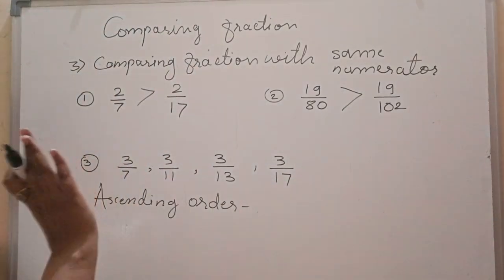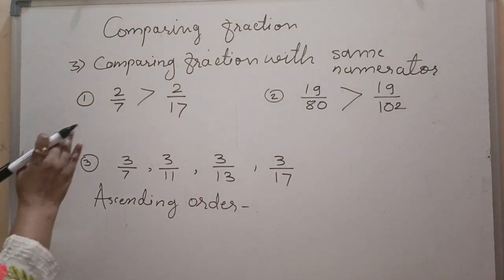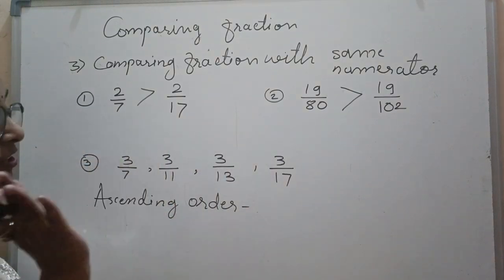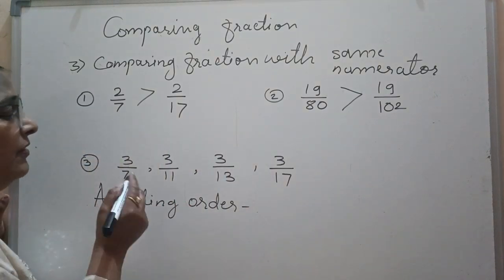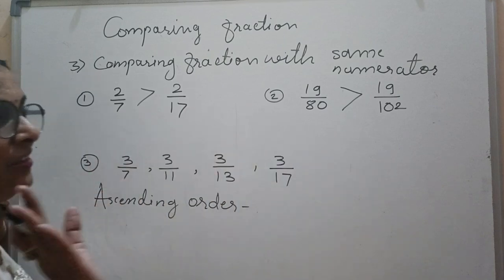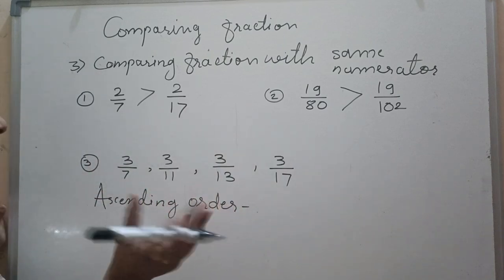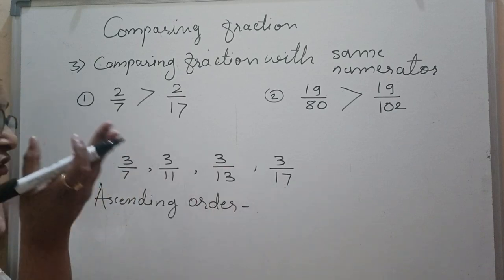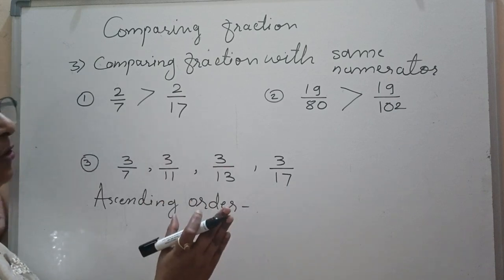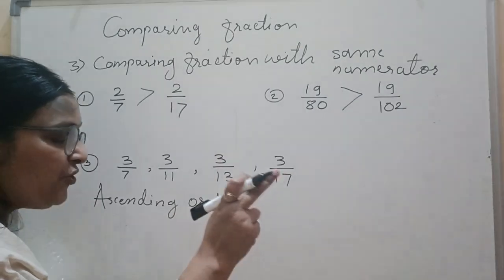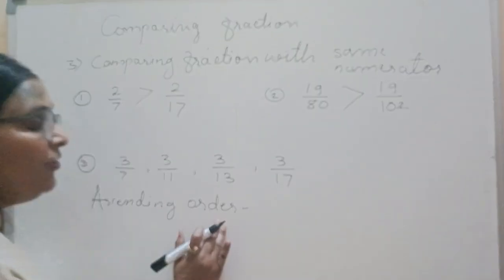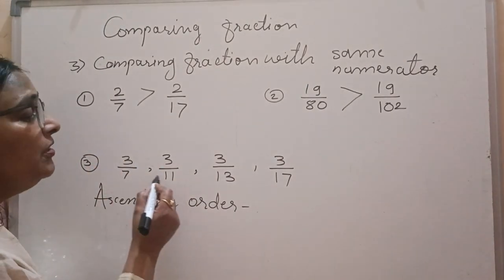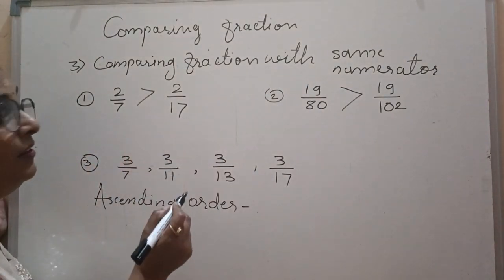Okay? Now, if you have to compare these and write in ascending order, what can you see here? As numerators are equal, don't look at the numerators, look at the denominators. Whichever is the greater denominator is your smaller fraction. So in ascending order, you have to write the smaller fraction first. So which is the smallest fraction here?